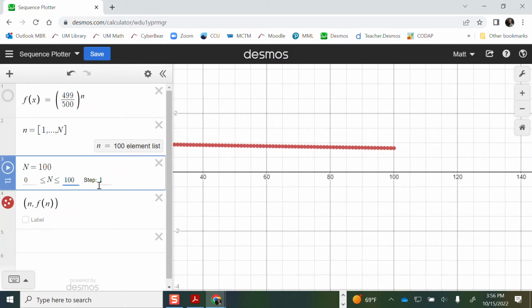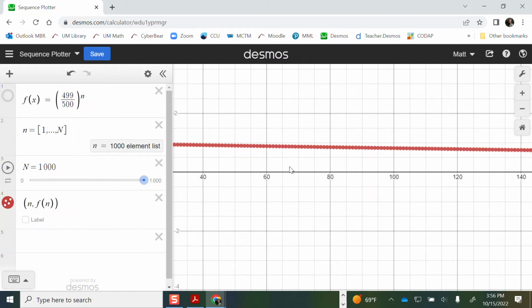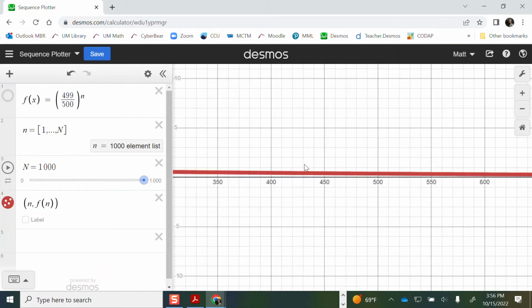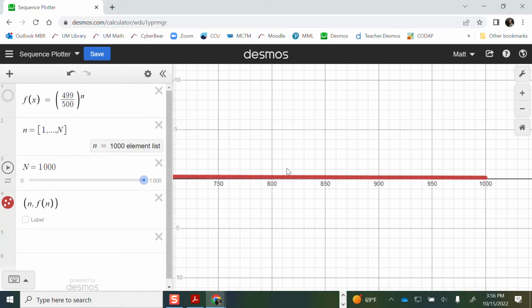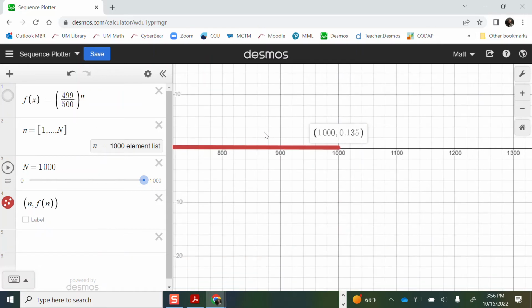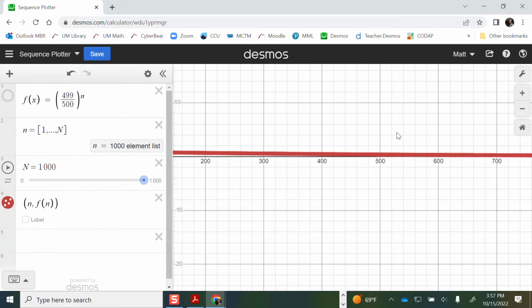If I run it out to 1,000, suddenly it starts to look like it might be getting closer to 0. The 1,000th term by that point is about 135 thousandths. But the idea is that this will converge eventually, as long as this number is strictly less than 1.